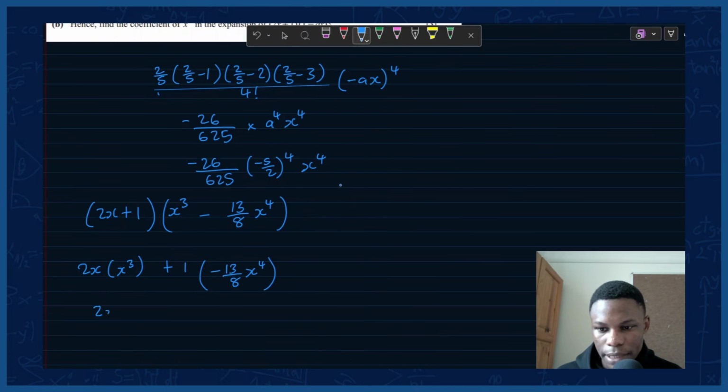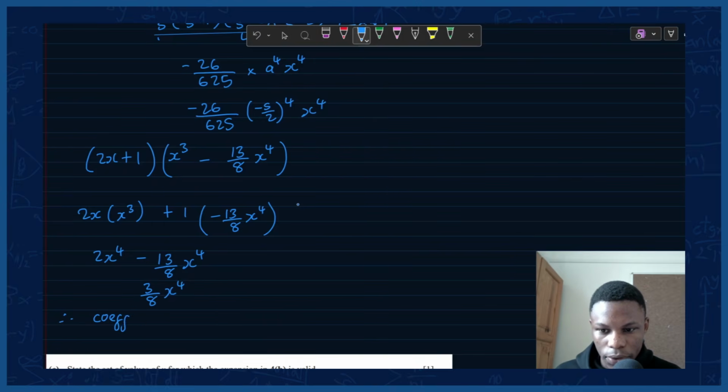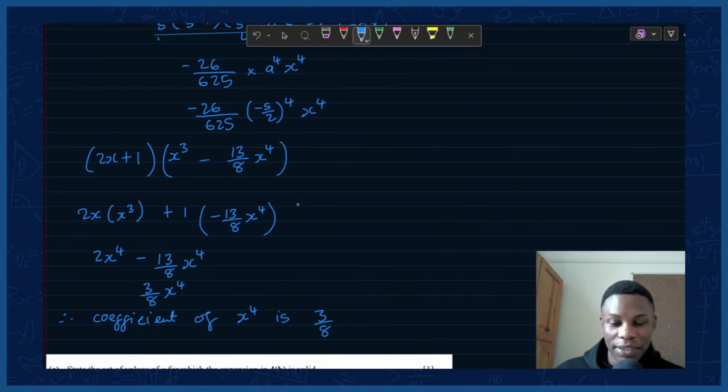And so that simplifies to 2x to the 4 minus 13 over 8 x to the 4. If we simplify, that is 2 minus 13 over 8, which is 3 over 8 x to the 4. And so therefore the coefficient of x to the 4 is 3 over 8. And that's going to be our final answer.